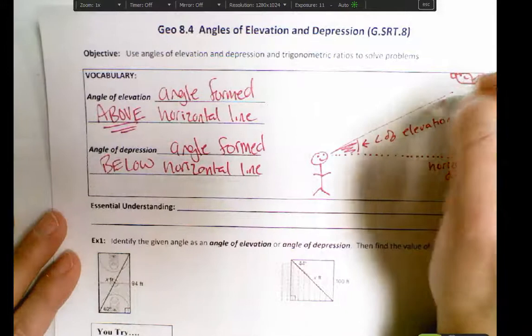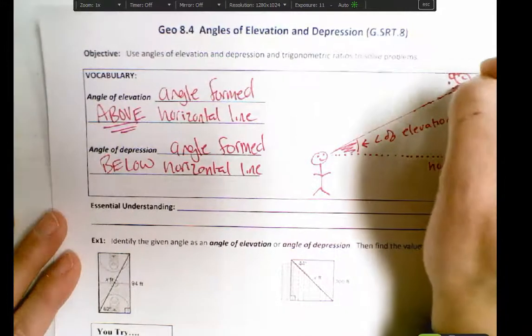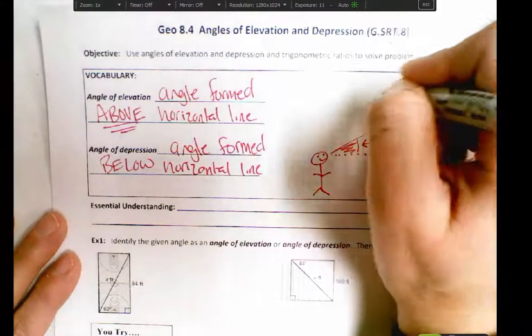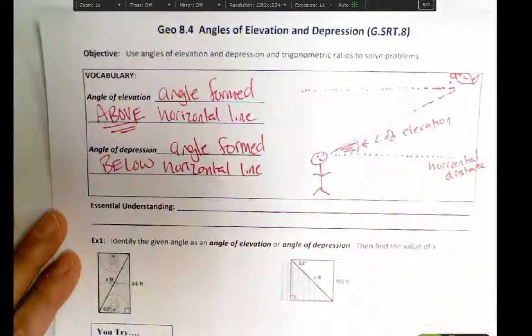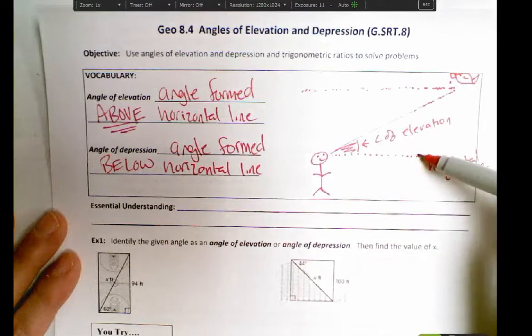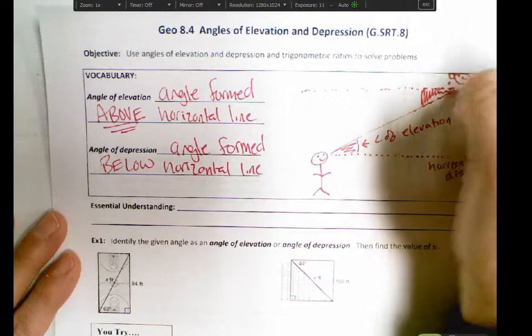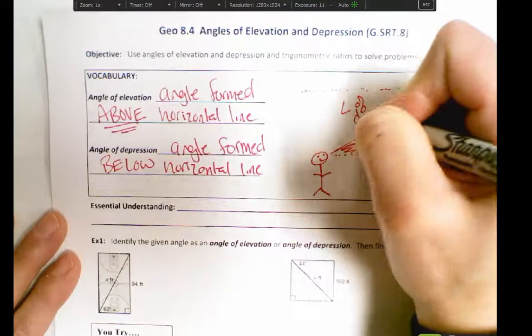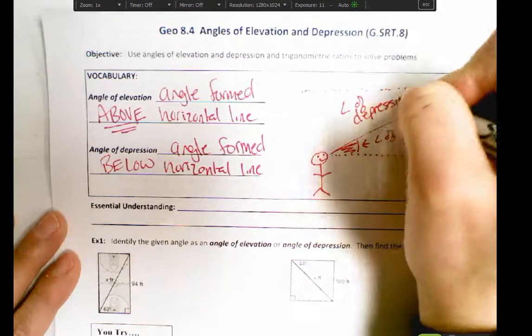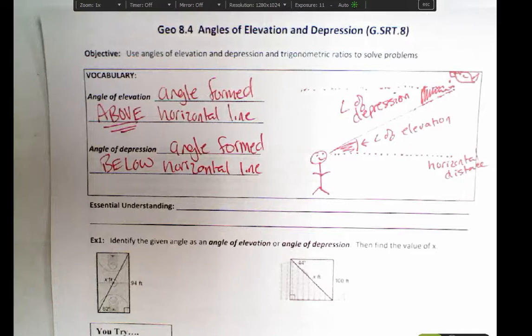If the bird is hanging out, its horizontal reference line becomes parallel with my horizontal reference line and creates a congruent angle of depression from its location.